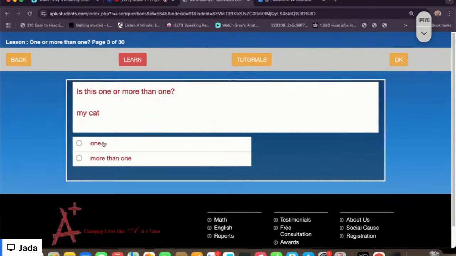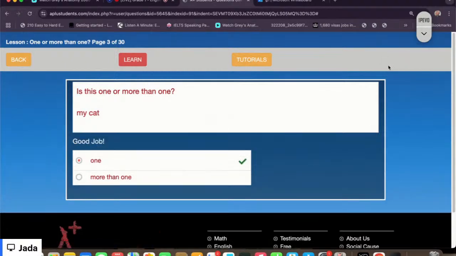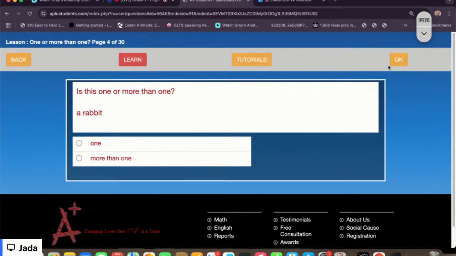Okay, so my cat is just one. So we have a rabbit.